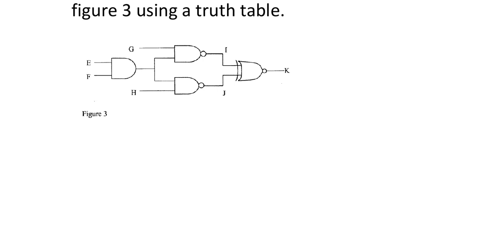So, when you are taught to draw the truth table for this, you have to know actually what we are doing. We are drawing a truth table to determine the output of the logic circuit K. So you have to know at every gate that is used, at the end of every gate, you have to know the output.